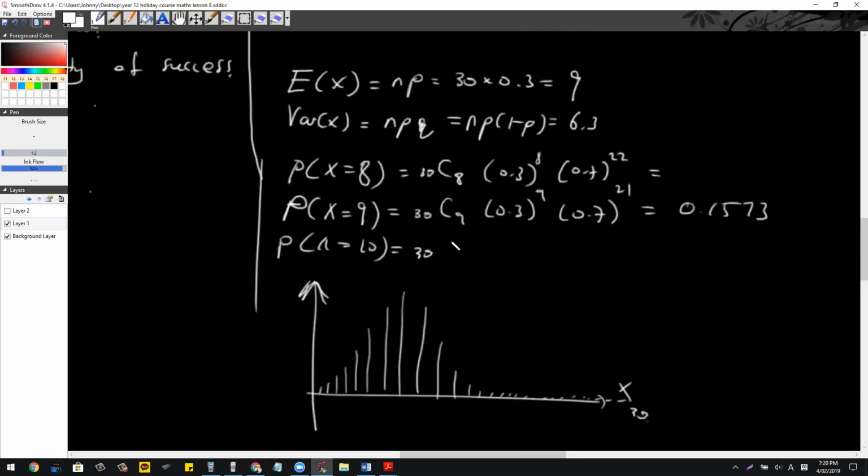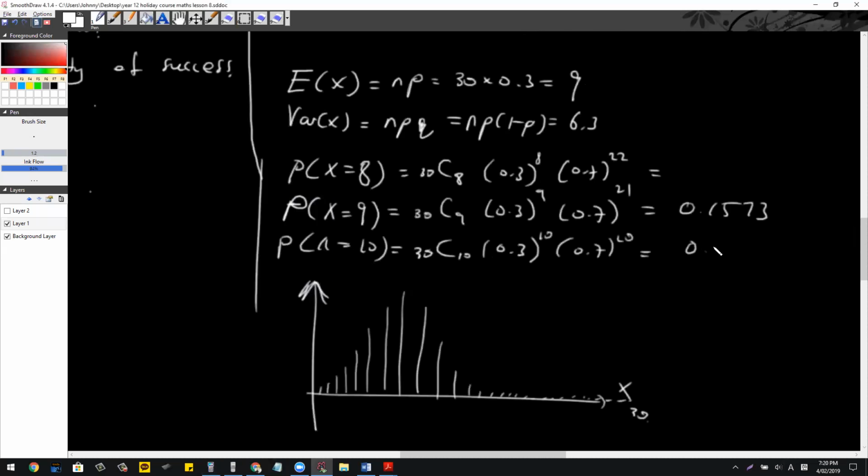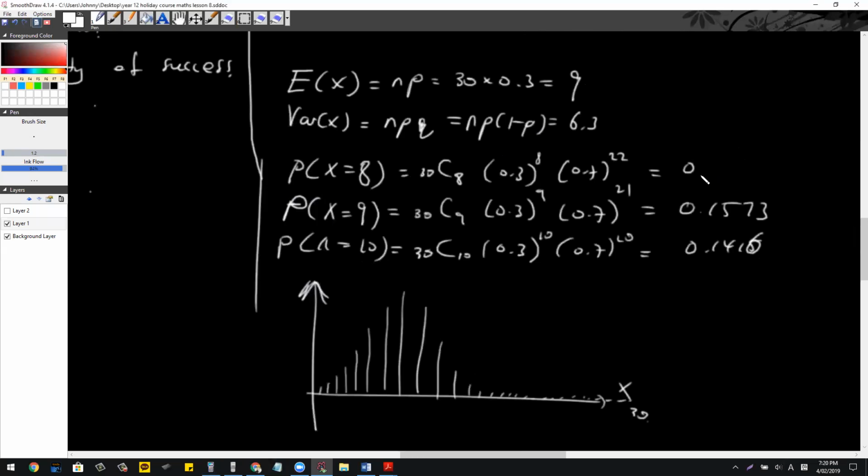This is 30C10 and then 0.3 to the power of 10 and then 0.7 to the power of 20. All I have to do is change this to 10. That's equal to 0.1416. Then I just change that to 8, and that's equal to 0.15.